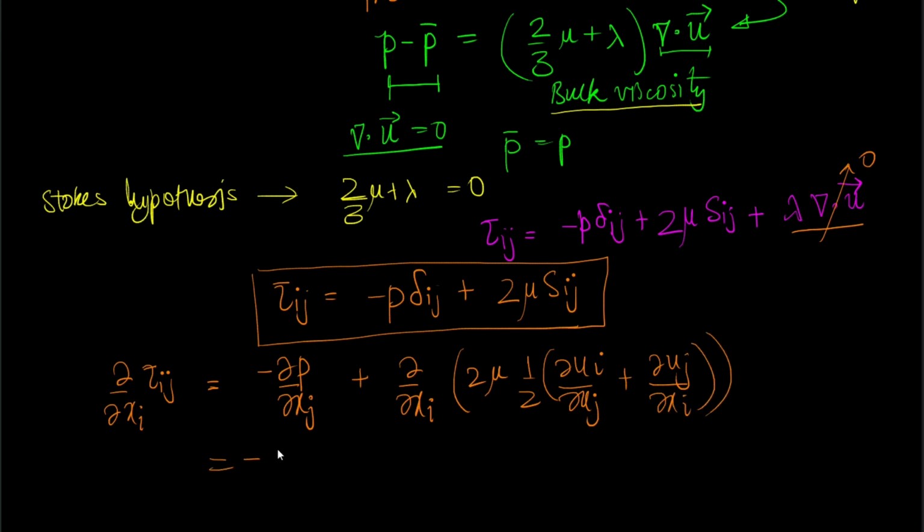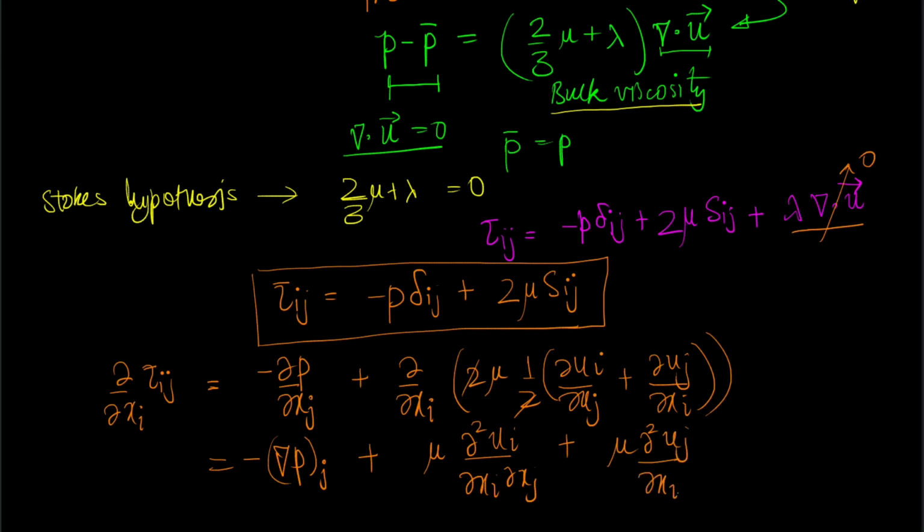So this becomes minus grad p, its j component, plus, so this 2 cancels out, so it's mu del 2 ui by del xi del xj plus mu del 2 uj by del xi 2. Now this del 2 ui del xi del xj is nothing but del xj of the divergence of the velocity, and if the flow is incompressible, this again vanishes.